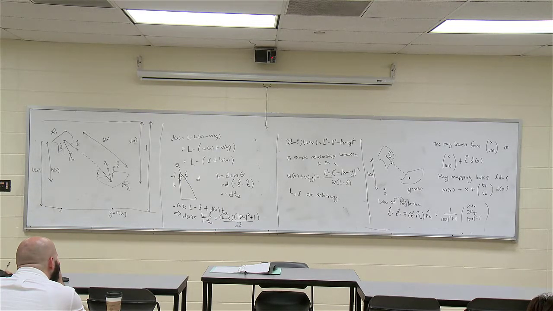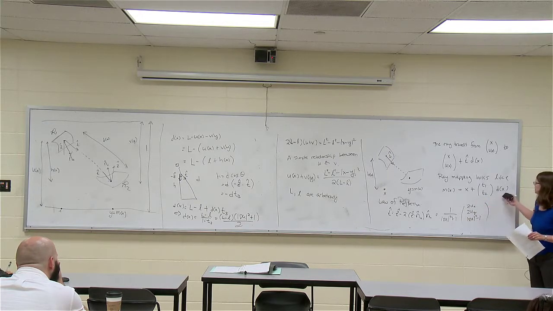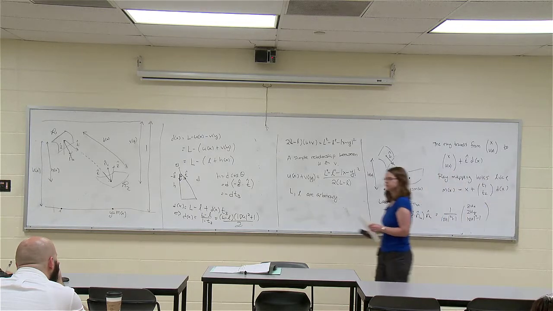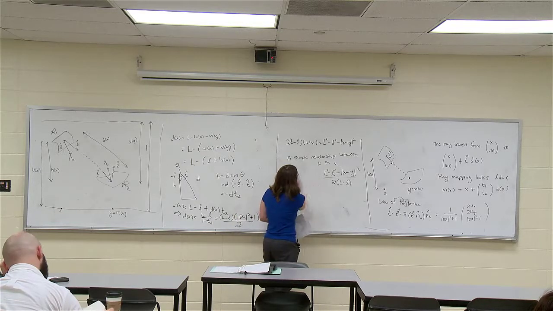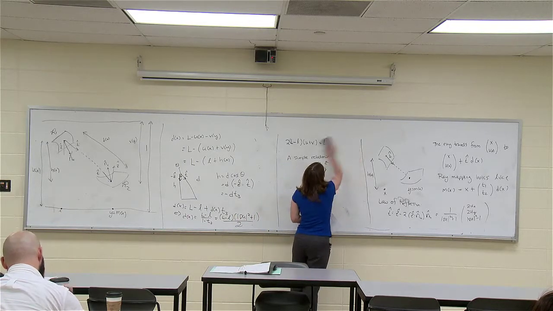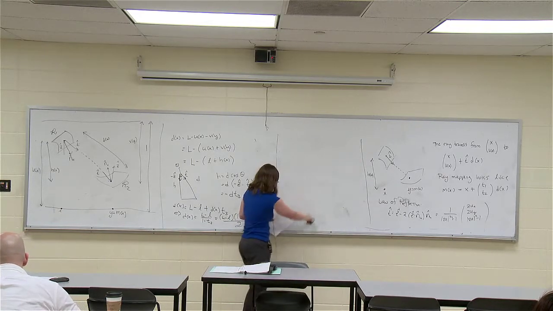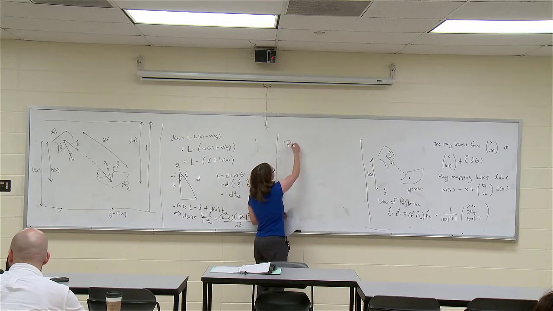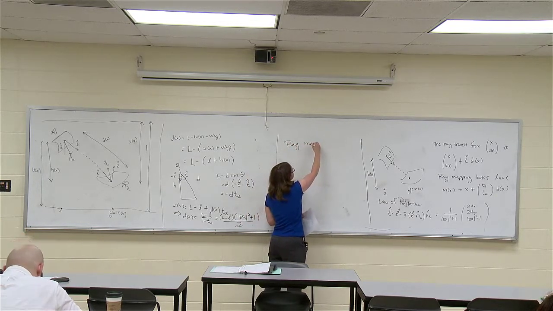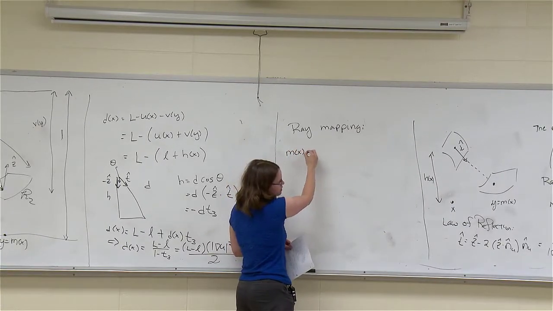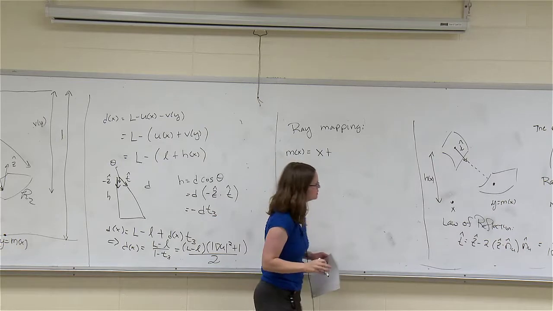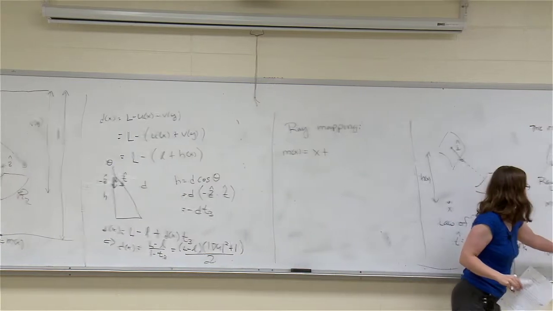So what was the goal? The goal was to get the ray mapping. So now I know t, I know d, so I think I can write down my ray mapping now. Okay, so here's my ray mapping. This is going to be m of x equals x plus t1 and t2.